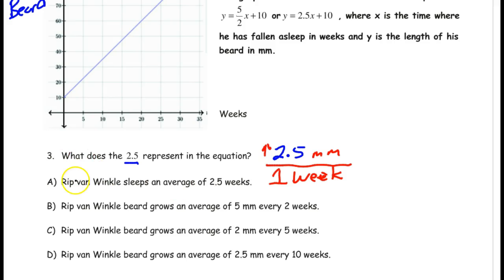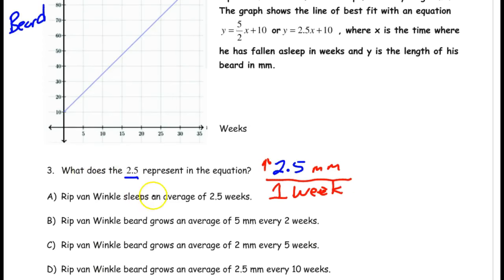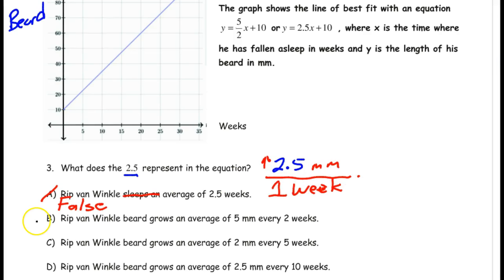Okay. So here, not talking about sleeping, so that's going to be false. Okay, Rip Van Winkle's beard grows an average of 5 millimeters every 2 weeks.